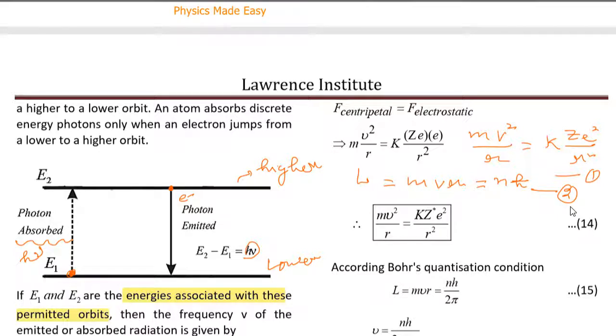From equation number 1, what do we get? This cancels with this, both of them cancel. Now one equation is m v r is equal to n h bar, and the other equation we have got is mv square is equal to K Z e square by, for example, r.